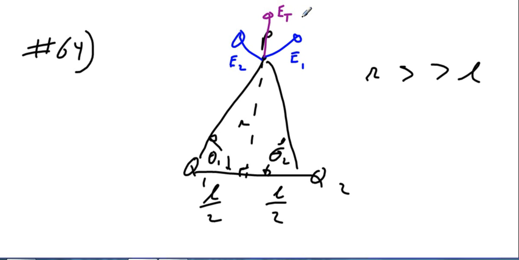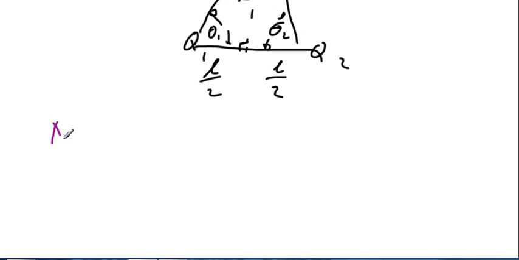Alright, so I know that. So the issue is, what is the net field? The net field is 2E sine theta, because there's two of them.